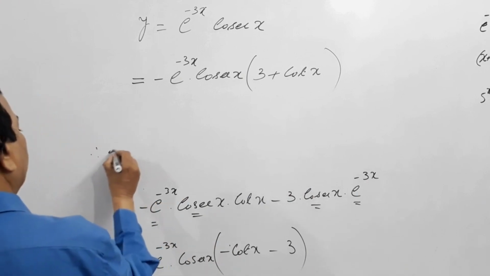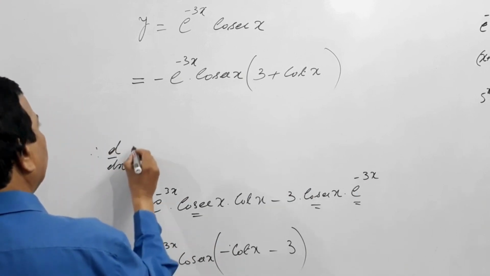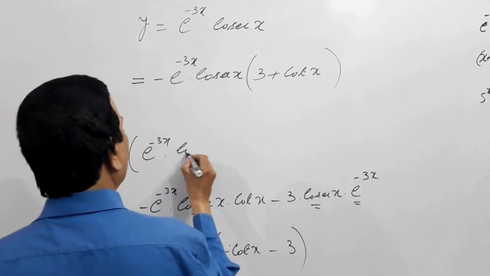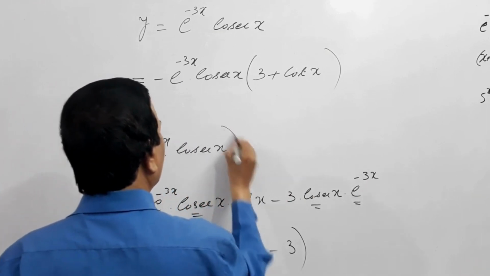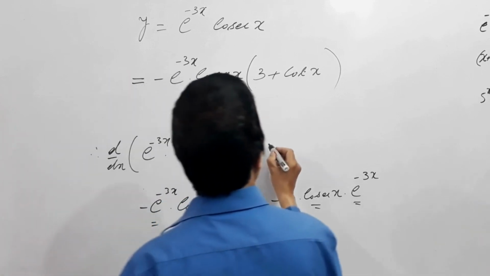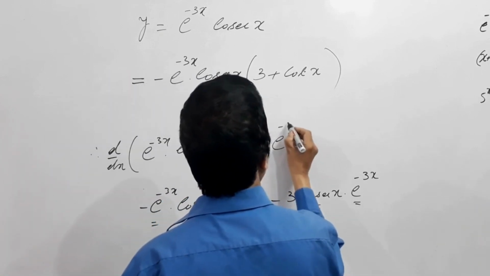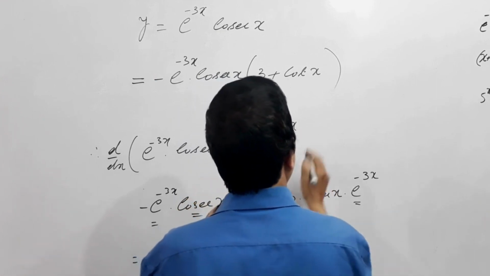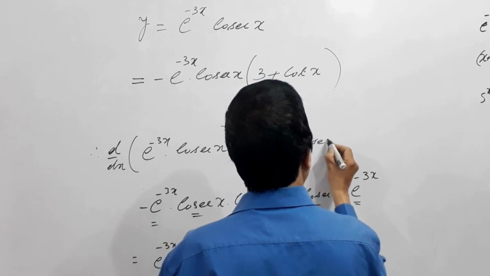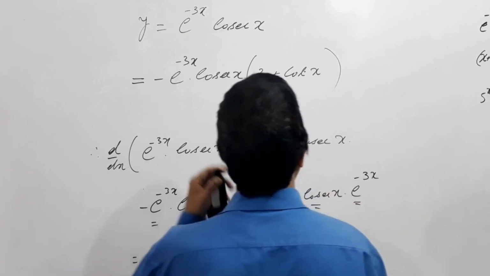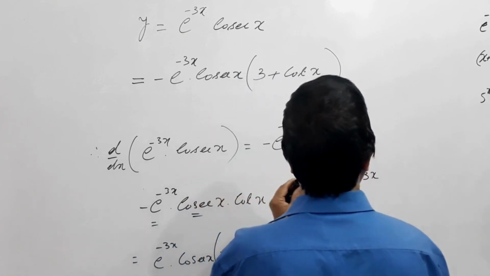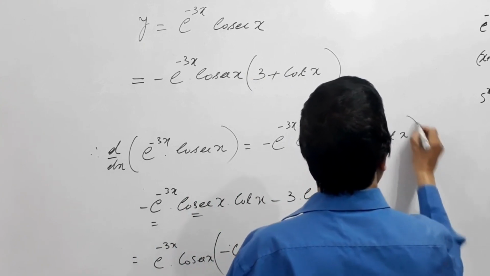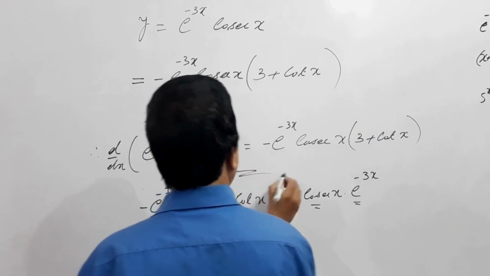Therefore, d by dx of e to the power of minus 3x into cosecant x equals minus e to the power of minus 3x cosecant x into 3 plus cot x. This is the required answer.